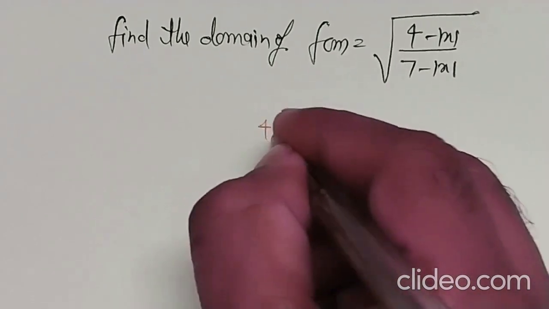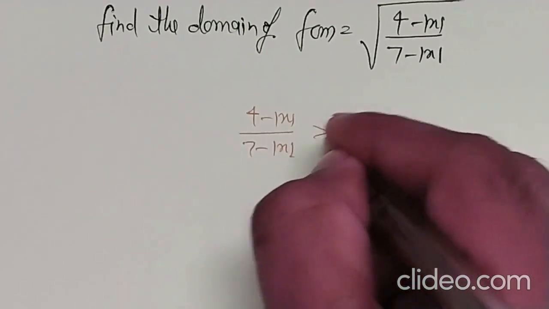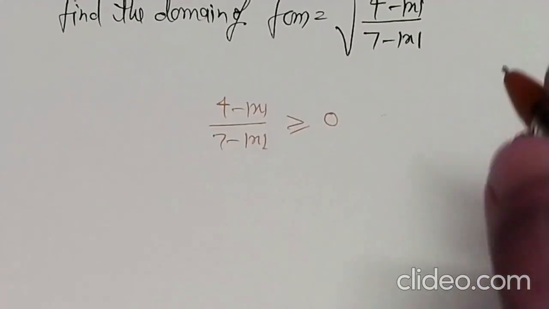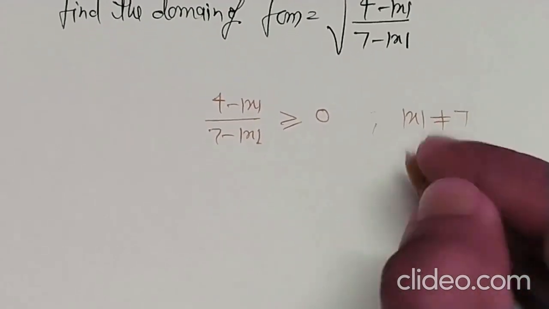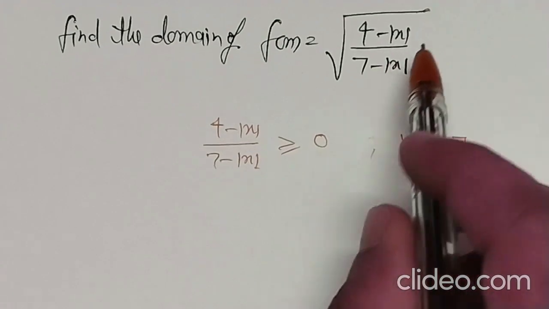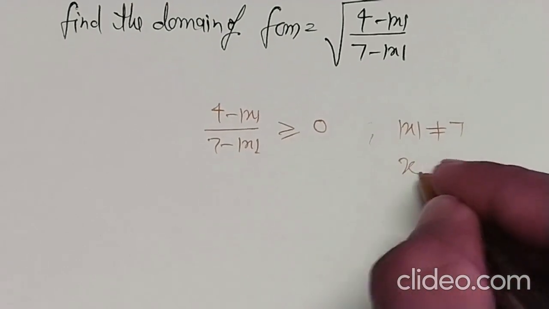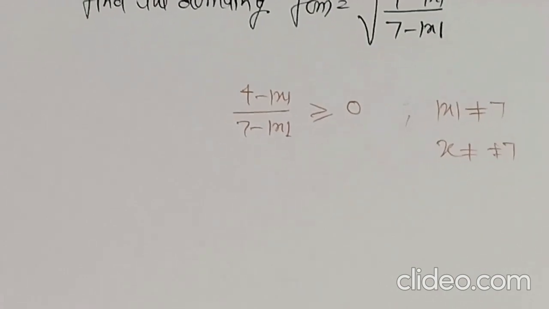So (4 - |x|)/(7 - |x|) should always be greater than or equal to 0. And one more thing, |x| cannot be equal to 7, otherwise this function will not be defined. So x should not be equal to plus or minus 7.